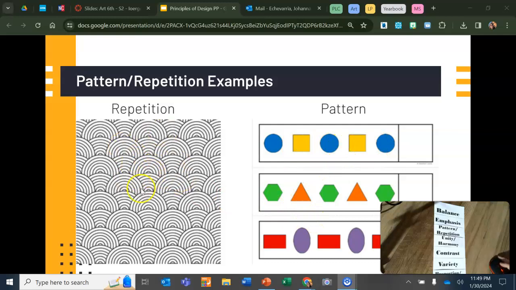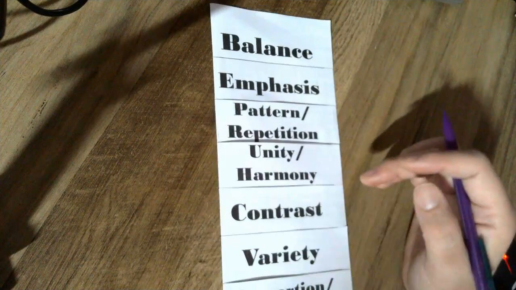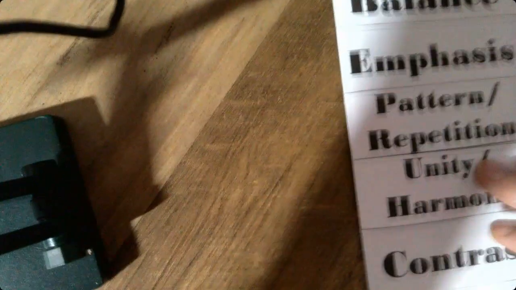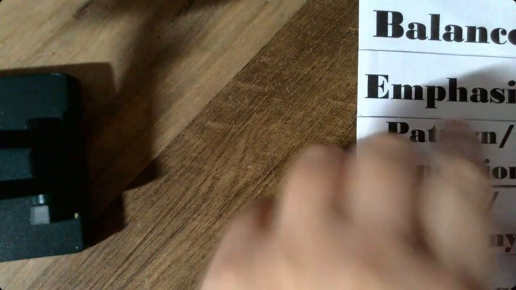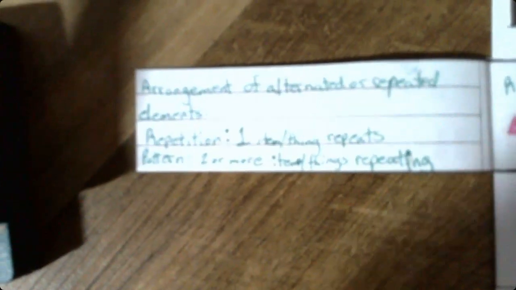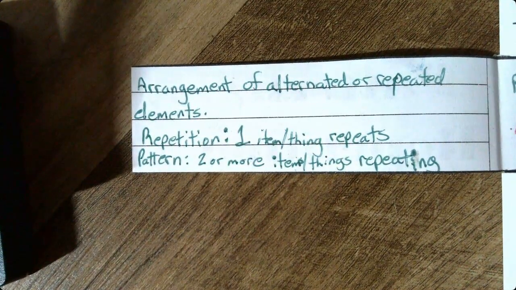Now with repetition, you could do the same item over and over again and have it different sizes and colors, and it would still be the same item. But to keep your example easy and your definition easy: repetition and pattern is the arrangement of alternated or repeated elements.